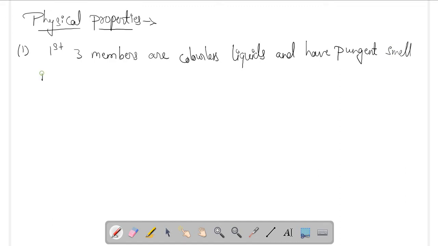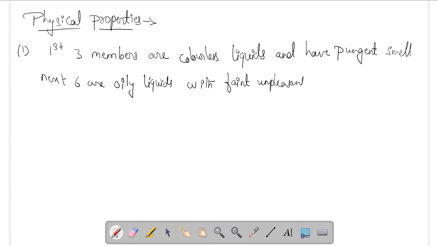The next six are oily liquids with a faint unpleasant smell, a faint unpleasant odor.